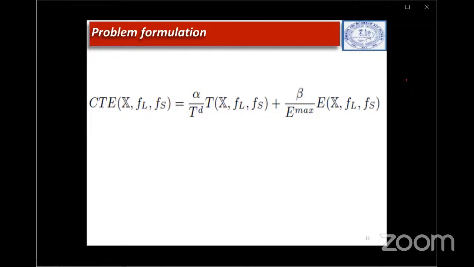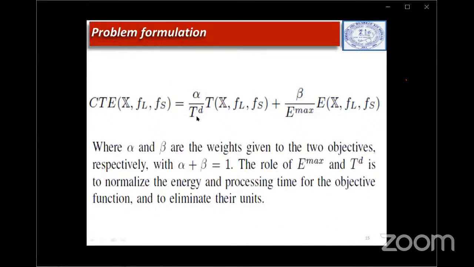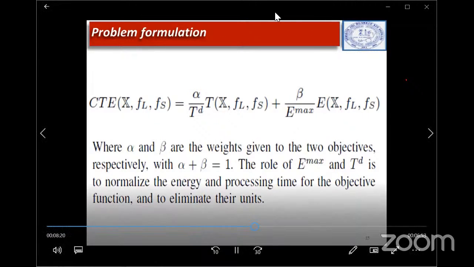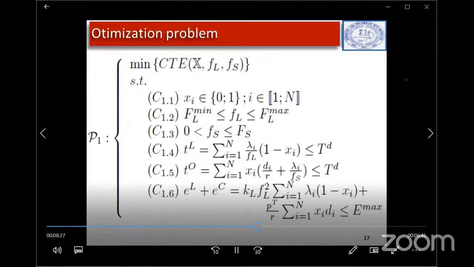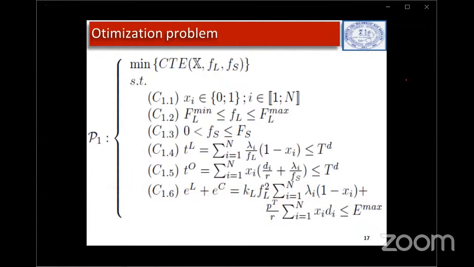The problem obtained is formulated as CTA, where alpha plus beta equals 1. Now we will move to the obtained optimization problem. The obtained problem is formulated as follows.